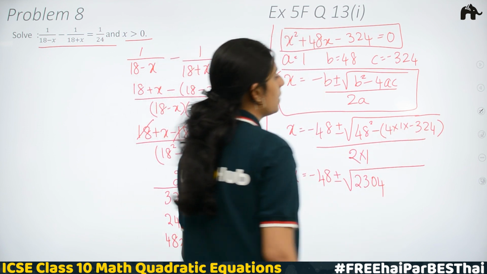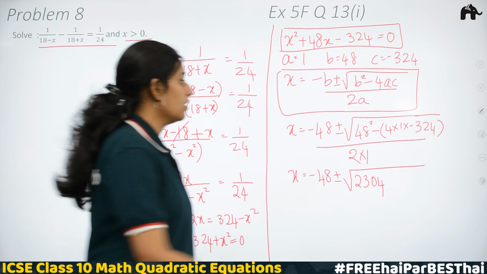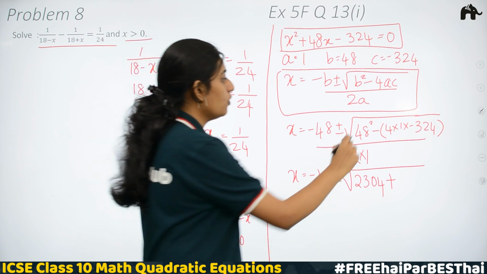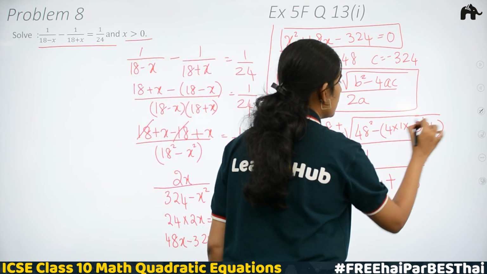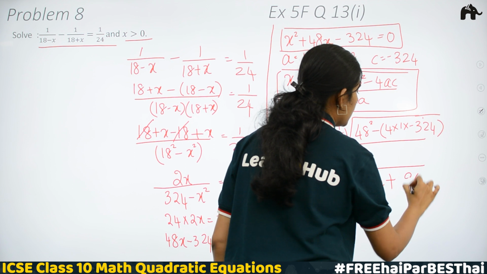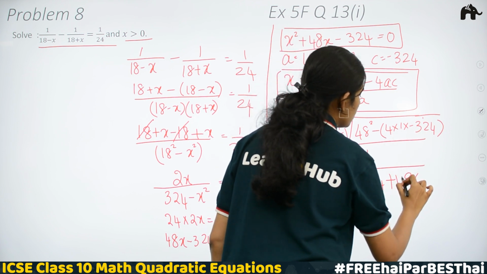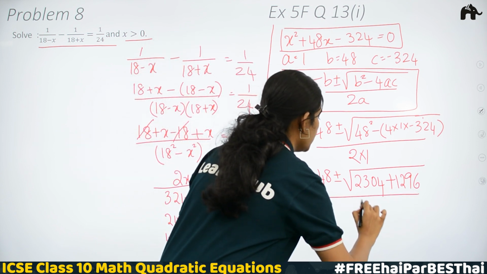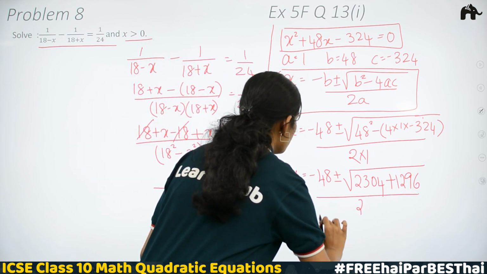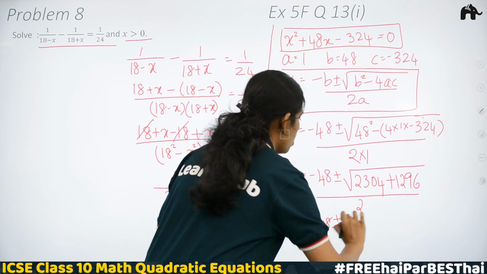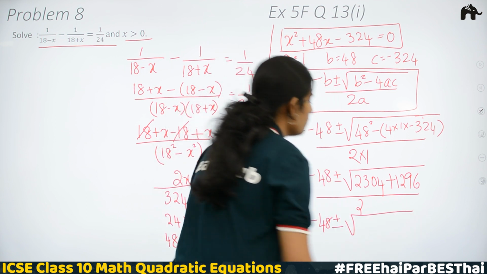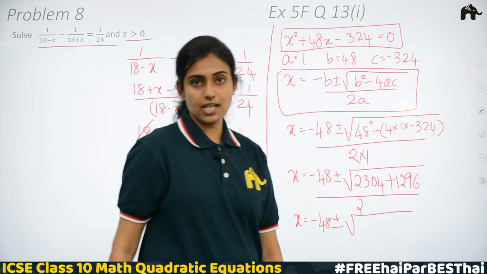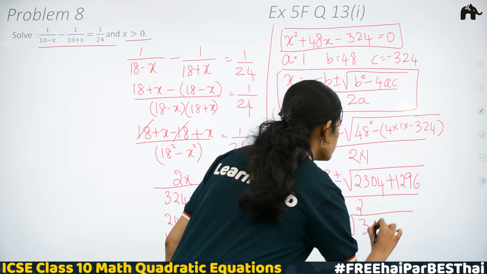Minus 4 into minus 324 will be getting positive because the two numbers are negative. 4 into 4, 16. 4 into 2, 8, plus 1 is 9. 4 into 3, 12. 1296. Whole divided by 2. x is equal to minus 48 plus or minus root of 2304 plus 1296. You will be getting 3600.